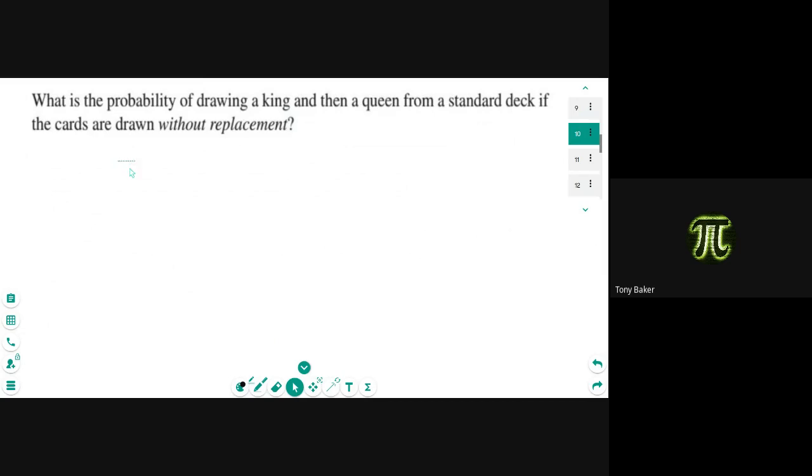So the king, you actually had the other concept totally correct, by the way. The king is 4 out of 52. That's my first card. My second card, I still have 4 queens, but I only have 51 cards. So that part you had right.